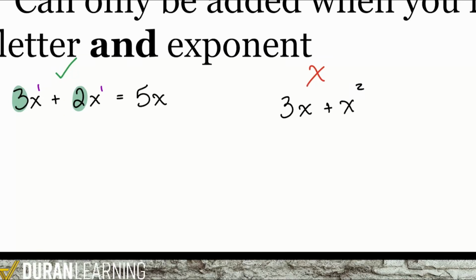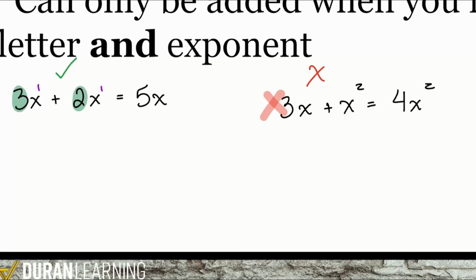Some folks might be inclined to say, okay, well, even though I don't see a number in front of the x, what number is always going to be there? Yeah, it's always going to be a 1. Some folks might believe that, hey, I got the 3 and the 1 in front of it. I'll add that and I'll get 4. And then I'll just write 4x squared. Or they might even write 4x cubed. No, that's going to be wrong.